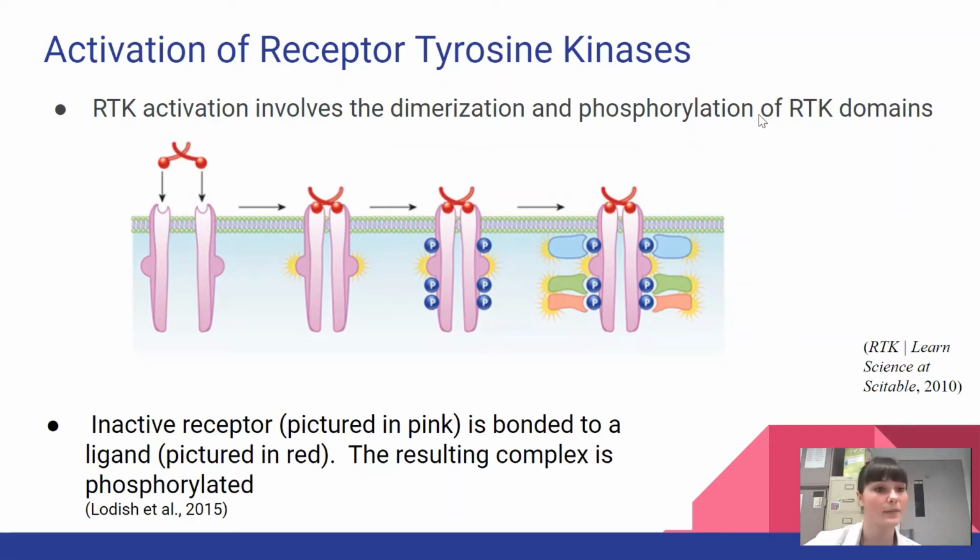So once again, on the left-hand side here, we're seeing the inactive form, the two separate RTKs not bound to a ligand yet. Once that ligand binds, we see that dimerization happening, those two portions coming together. Then we see that phosphorylation happening, represented by these P's starting to be bonded there.